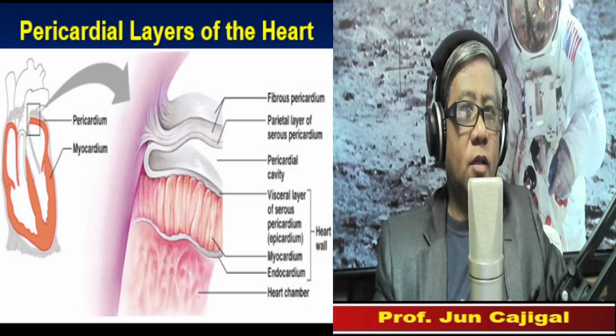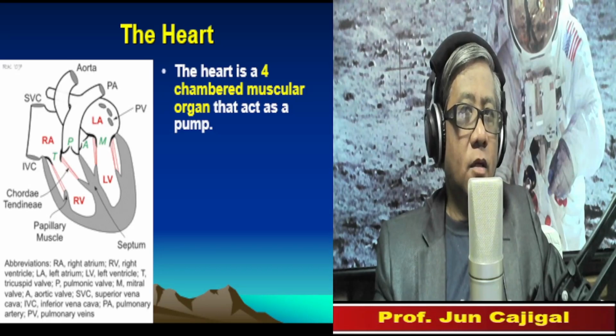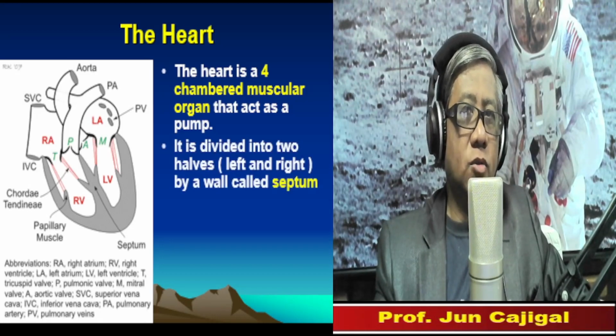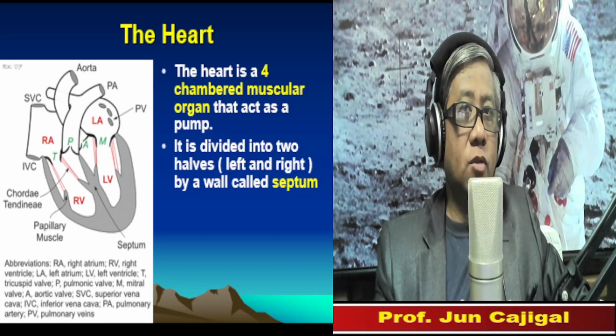Now at this point, let us study the different chambers of the human heart. The human heart is actually a four-chambered muscular organ that acts like a pump. It is divided into a left section and a right section. The left and right sections are divided by a muscular wall called the septum.